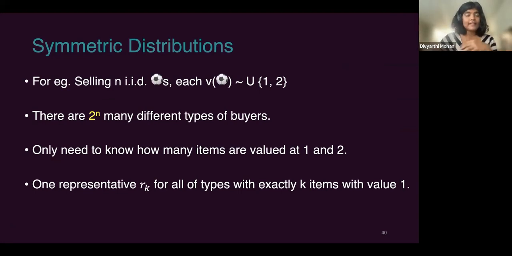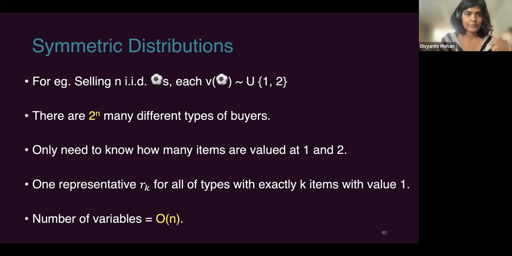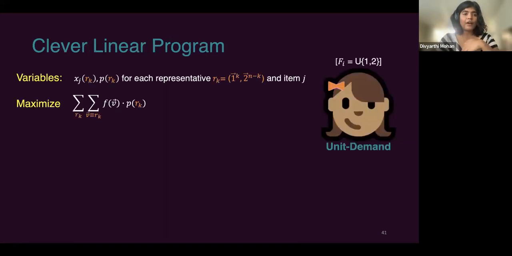And we see that this reduces the number of variables from exponential to just linear, just order n variables. That is, we can have an LP similar to the naive LP, but instead of having variables for item allocations and price for all buyer types v, we only have them for the n representatives R0 through Rn. And the objective is again to maximize revenue.